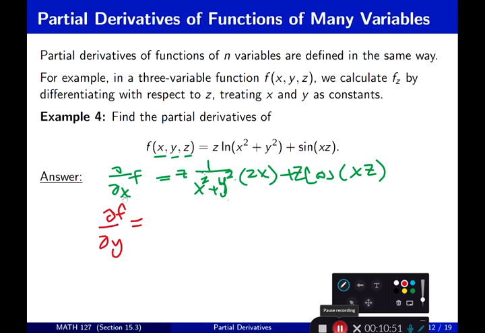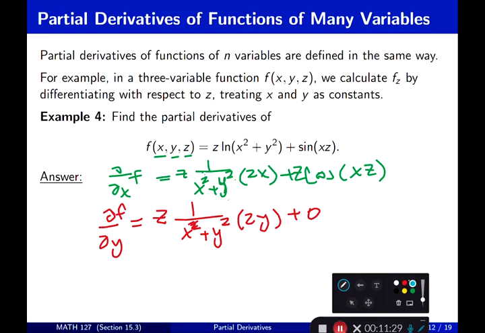This time x and z are constant, so z stays here again, 1 over x squared plus y squared, times, this time x squared is constant, so it would be 2 times y, and plus, oh hold on, x and z are both constants, so we get 0 in here. Sine of a constant is 0.